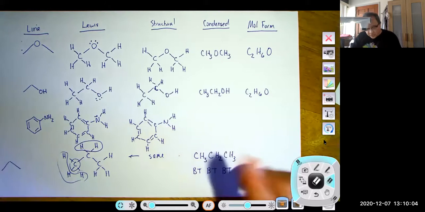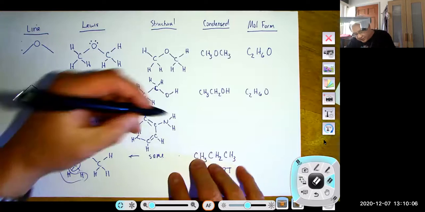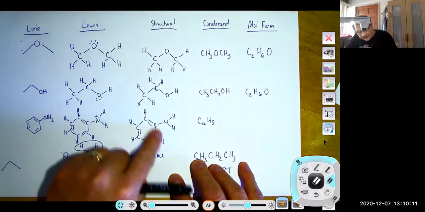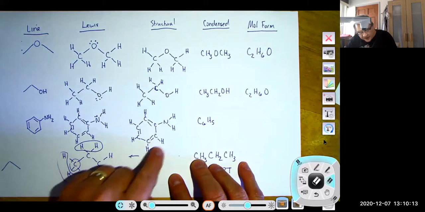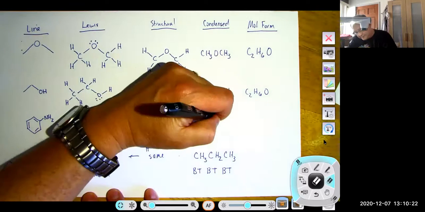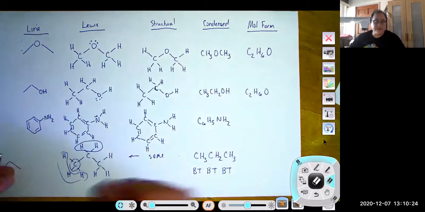Now, the condensed structure, for something like this, you do this. These 6 carbons in the ring and these 5 hydrogens, the condensed formula for that is C6H5. And there's the condensed formula.